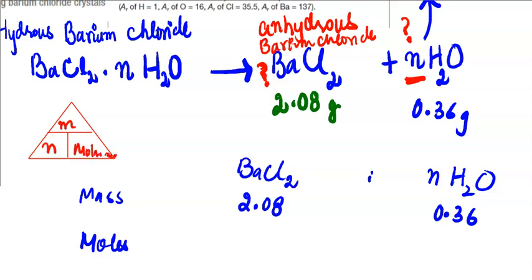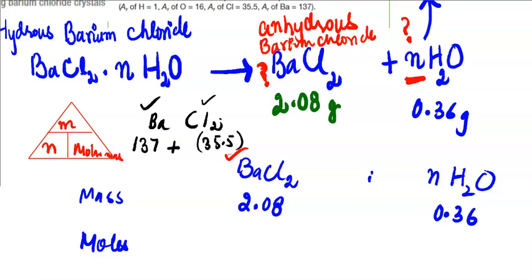Now there is one additional step. You need to find the number of moles of barium chloride. For this you need to know the molar mass of barium chloride. How can we get the molar mass of barium chloride? We go to the periodic table and find the Ar of barium, that is 137, plus the Ar of chlorine, that is 35.5.